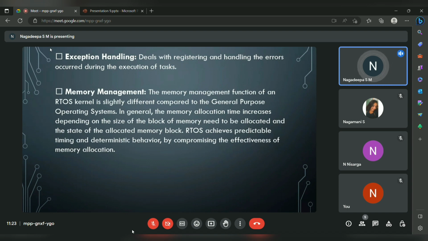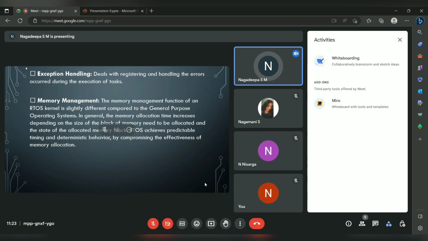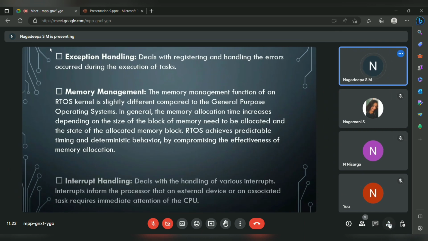The memory management function of the RTOS kernel is slightly different compared to a general purpose operating system. In a general purpose operating system, the memory allocation time increases depending on the size of the block of memory to be allocated and the state of the associated memory block. RTOS achieves predictable timing and deterministic behavior by compromising the effectiveness of memory allocation.